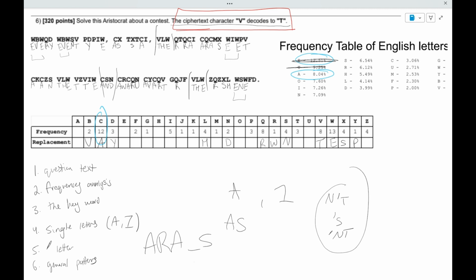So we have something, every event something, as something, the blank something something. So let's see. Okay, this is the one pattern that I noticed here. I'm seeing that there's a repeated word here, and there's R blank SH.